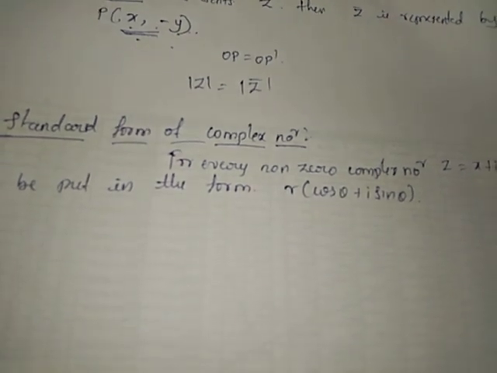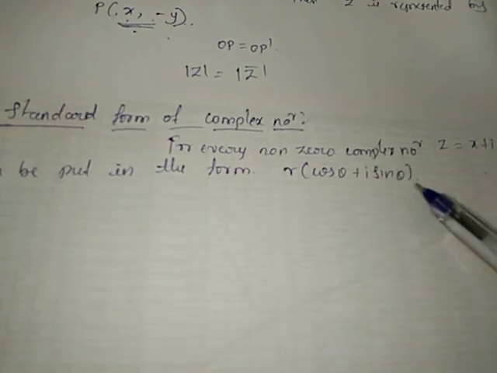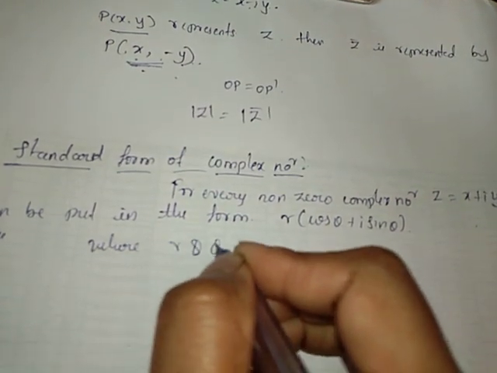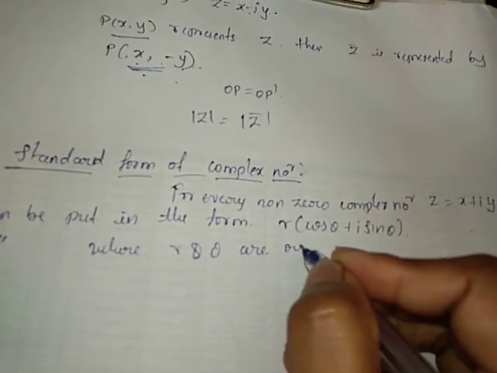So every non-zero complex number can be put in this form. That is called the standard form or polar form, where r and theta are real quantities.